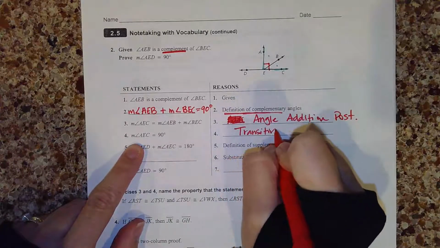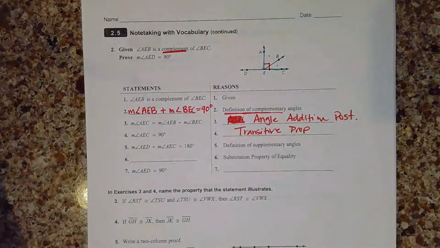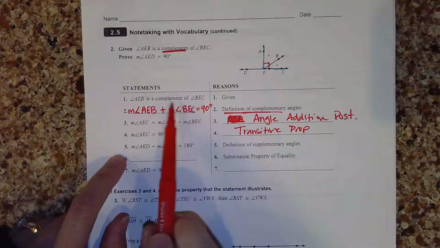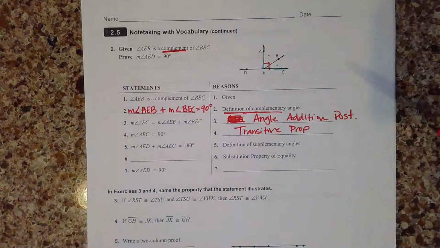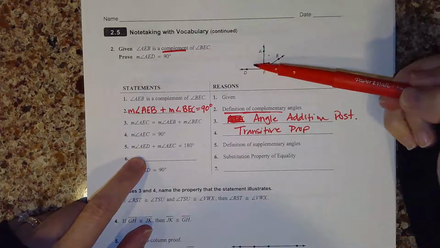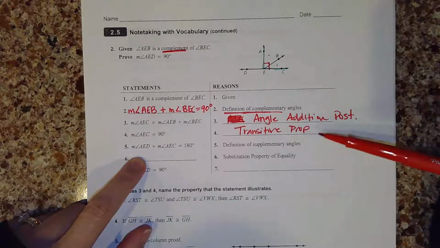It's a lot to say. But again, do you see that transitive property there? They both had these two things in common, so those two things have to be equal to each other. All right, AED, that's this angle over here, plus AEC equals 180 degrees.